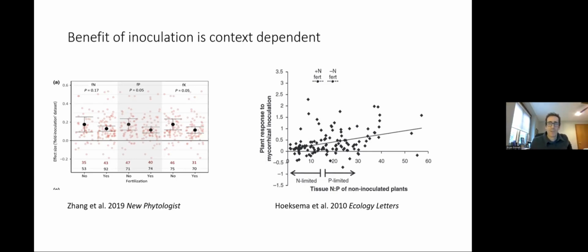In a collection of studies, if we look at the tissue nitrogen to phosphorus ratio, in those systems that were most phosphorus limited, the previous authors have seen the most benefit from inoculating with the fungus. So certainly how we manage nutrients in these systems matters. I'm not suggesting that we don't fertilize, but if we're looking for a benefit from these symbionts, we should ask: do we need as much? Do we need to maintain as high levels of that nutrient in the soil to get the same plant growth benefits? Maybe that's one opportunity for taking advantage of this symbiosis.